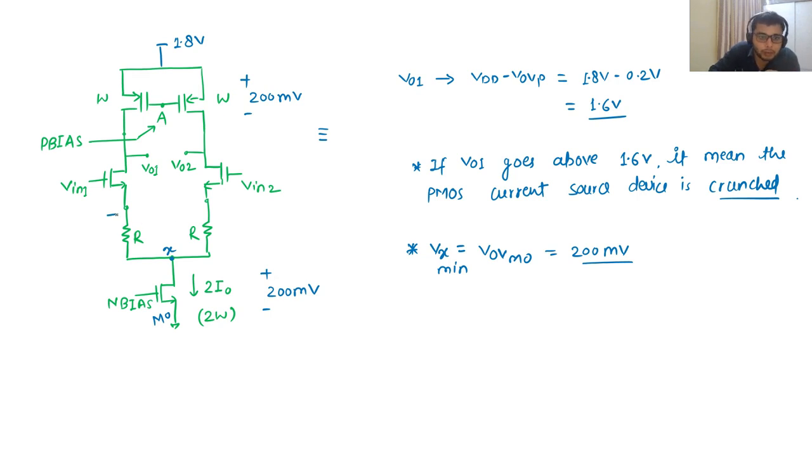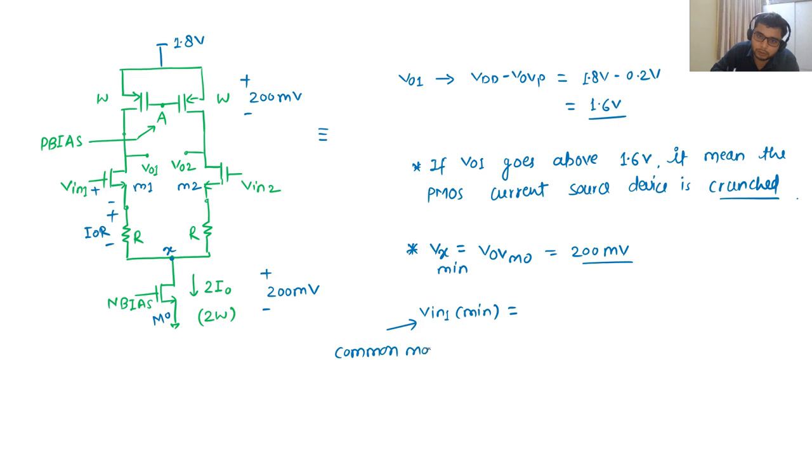Now what about this value? This is nothing but I naught R. And this value is nothing but VGS of 1, let's call it M1. So what is the input 1 minimum value? Here I am talking about common mode analysis, or some DC voltage value.